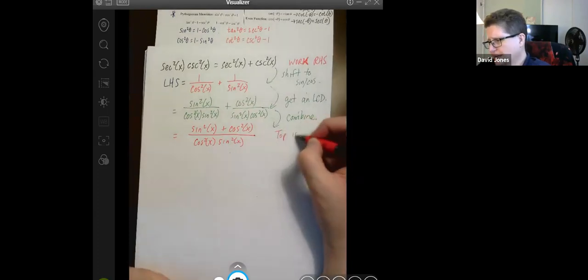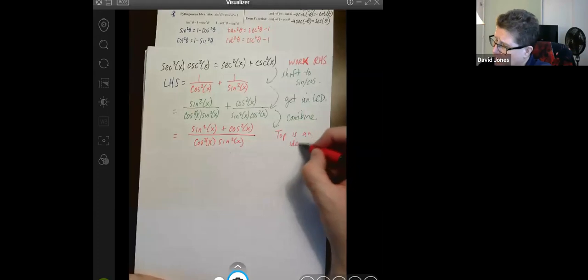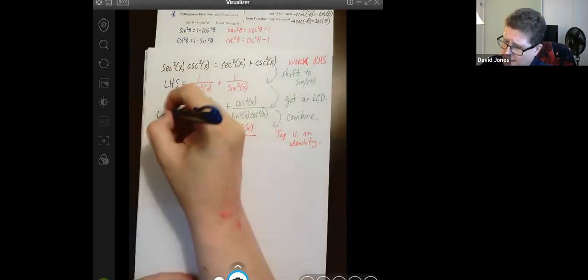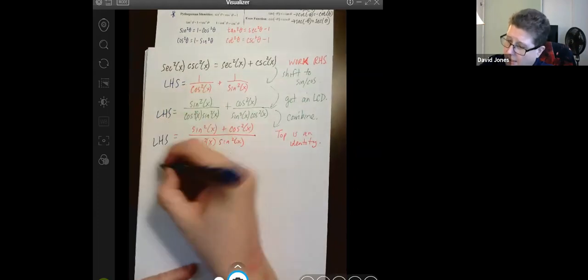Top is an identity. And this is still the left-hand side. I haven't touched it.